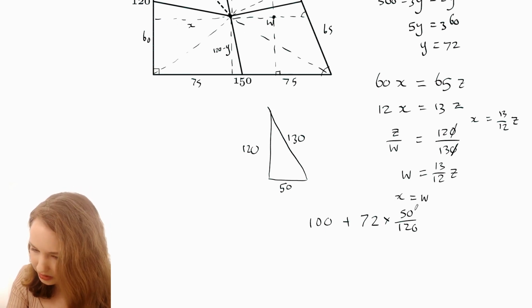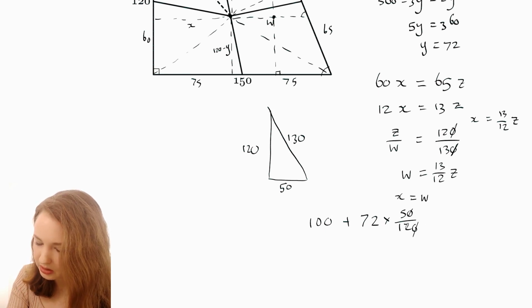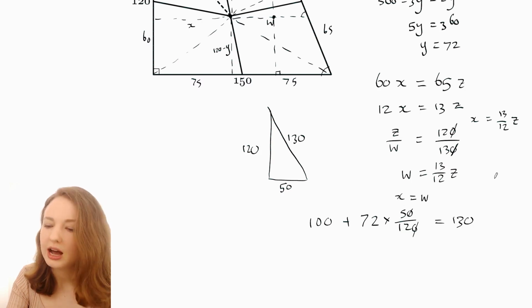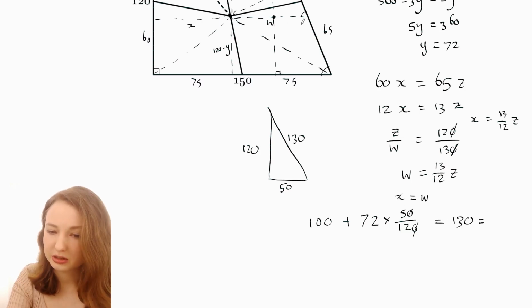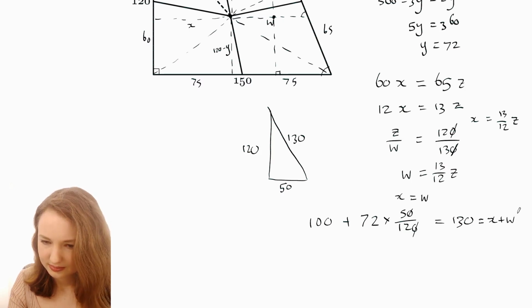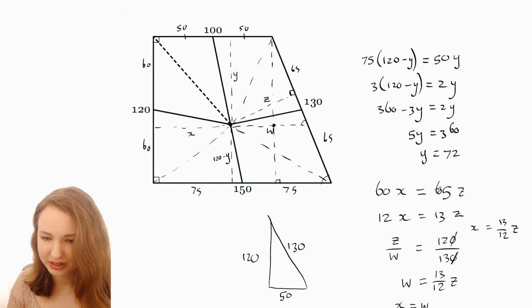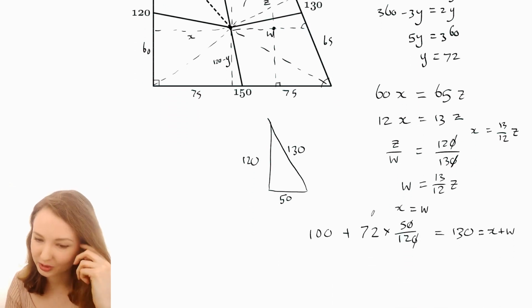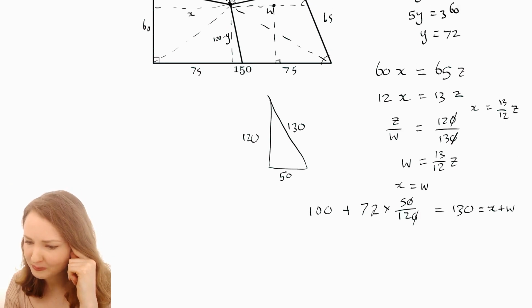So let's simplify this. We can cancel those. 72 divided by 12 is 6. So we've got 6 times 5 is 30, so this is 130. And that's x plus w. Okay, I don't know if there's a simpler way to do that. That seemed really complicated, but it is one of the final questions, so it is going to be hard.